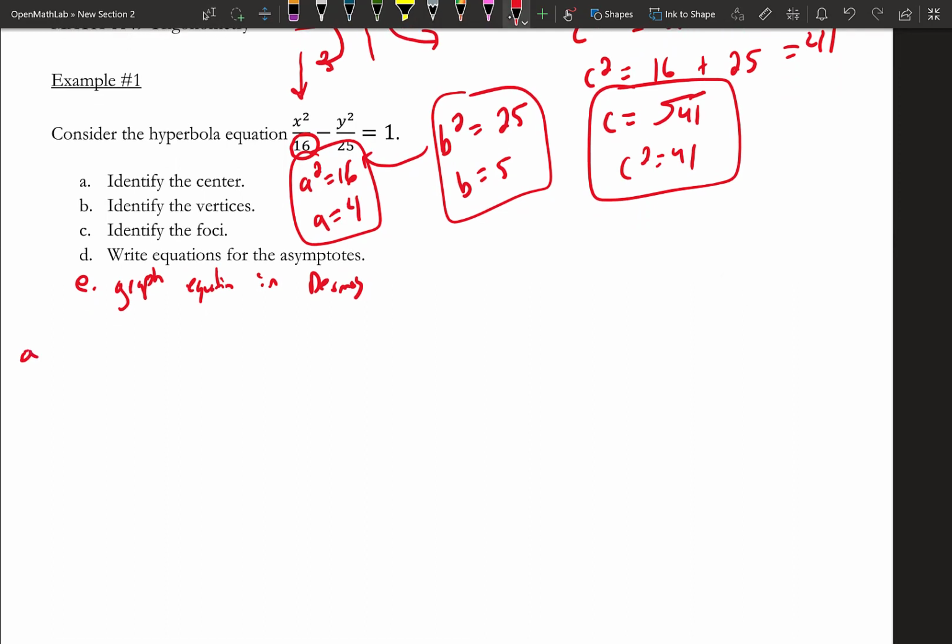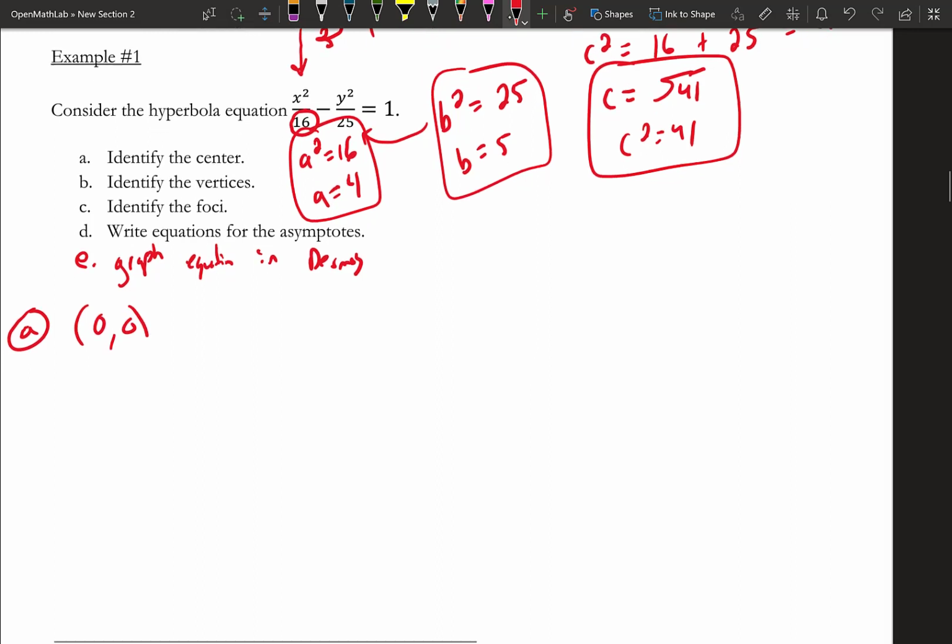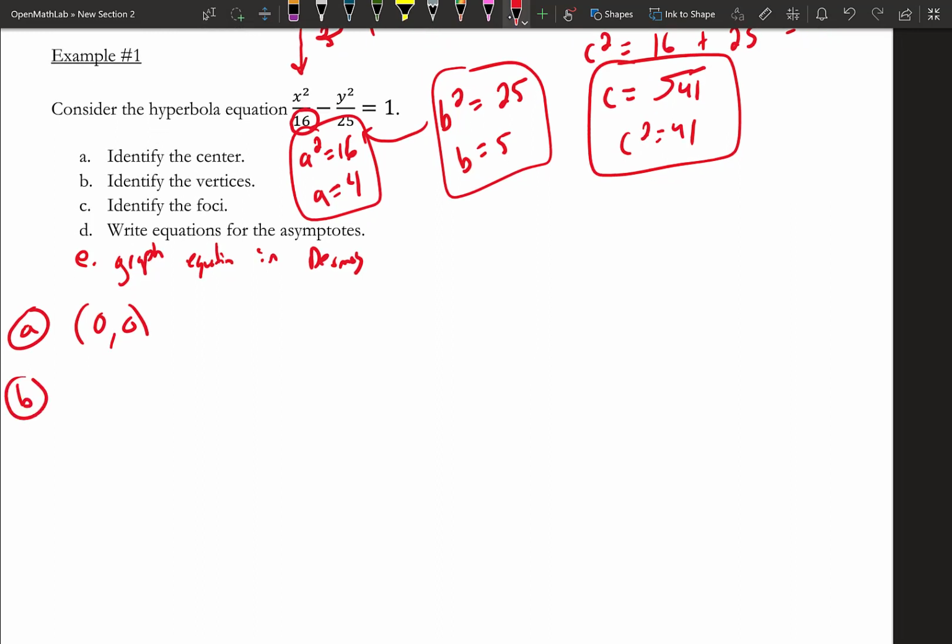So part A, pretty simple, right? Because we're only looking at where the center is at the origin. So we can just write down the origin. The vertices, right, from that table, we're looking in the first column. We have a comma 0 and negative a comma 0 as what those points would be.